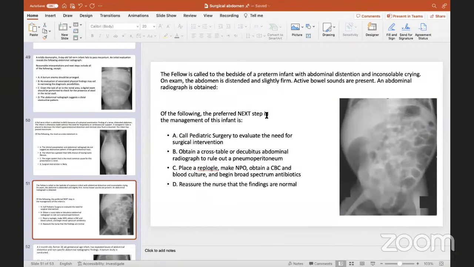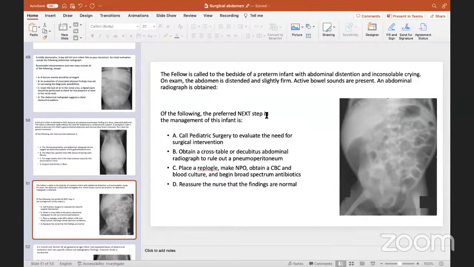The fellow is called to the bedside of a preterm infant with abdominal distension and inconsolable crying. On examination, the abdomen is distended and slightly firm. Active bowel sounds are present. Abdominal X-ray is shown here. Which is the preferred next step in the management of this baby? A, call the pediatric surgeon to evaluate the need for surgical intervention.